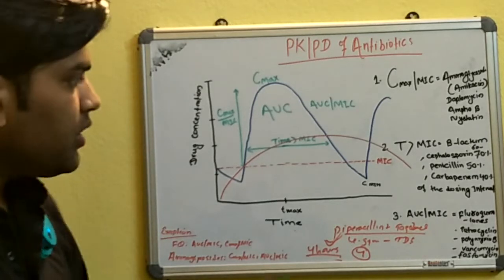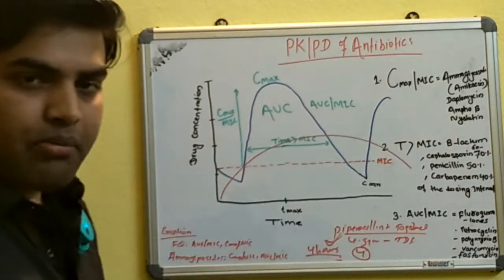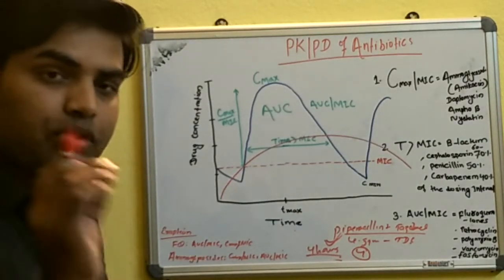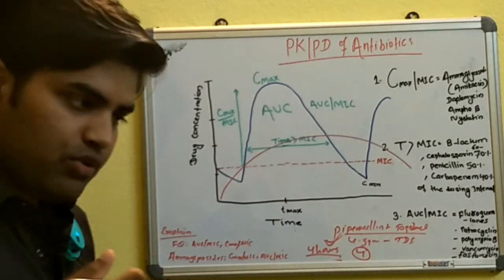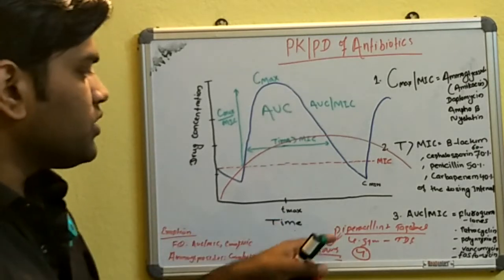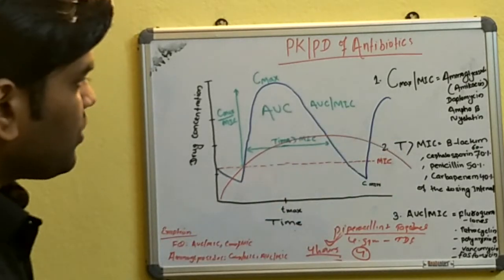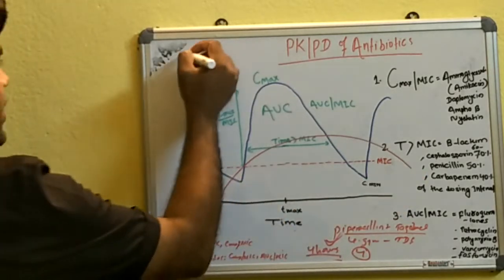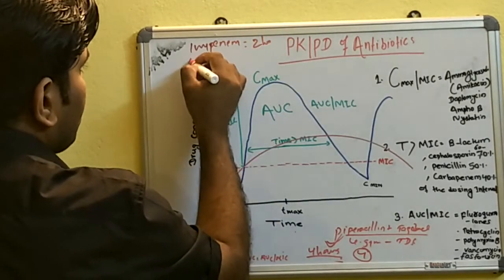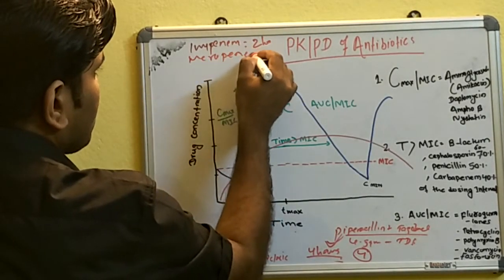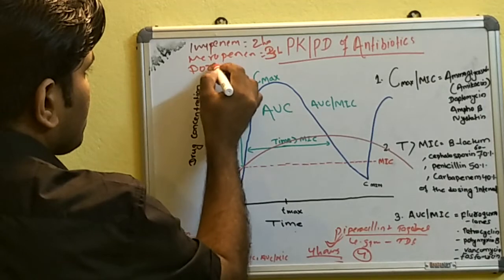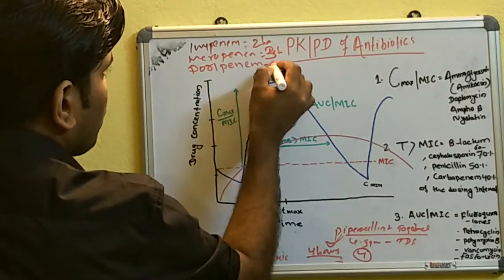That is very important. So whenever you are going to use beta-lactam antibiotics, try to use them as infusion, especially in patients who are critically ill. And when you are going to fight MDR pathogens, in these two conditions you have to use infusion. The infusion time for imipenem is 2 hours, meropenem 3 hours, doripenem 4 hours.